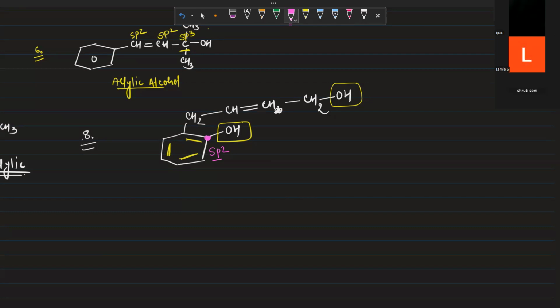Then where did the hydrogen go in this carbon? It doesn't need hydrogen because it completed its valency. Carbon needs four bonds, and it makes four bonds. Oh, okay.